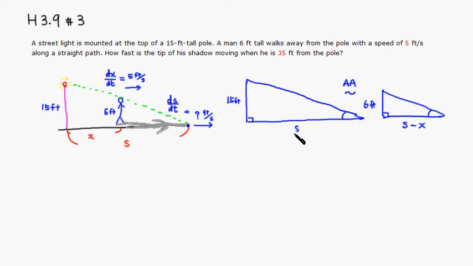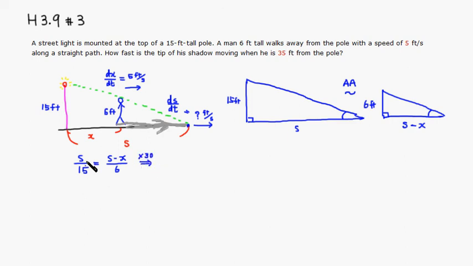We know the ratio of s to 15 must be the same as the ratio of s minus x to 6. Since I don't like fractions, we're going to multiply both sides by 30, the least common multiple of 15 and 6.